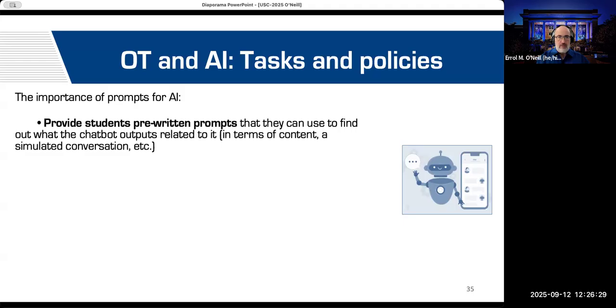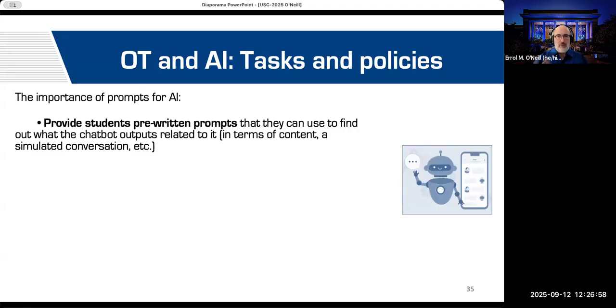Some other considerations are that with AI, you have the ability to write prompts. So the instructions that you give to the AI, and you can provide students with pre-written prompts so they can find out what the output is from the chatbot. It's important to note that it's incredibly unlikely that you're going to get the same answer twice. So you may have students asking the same chatbot the same question, and they're going to get 20 different responses or 25 different responses.